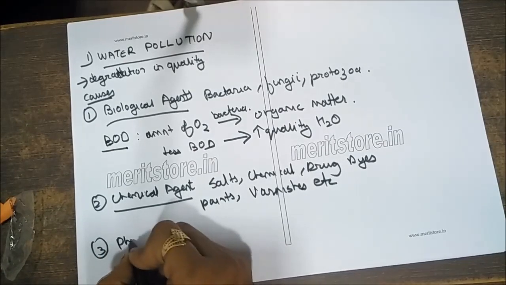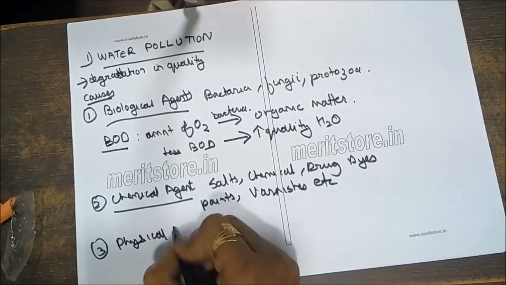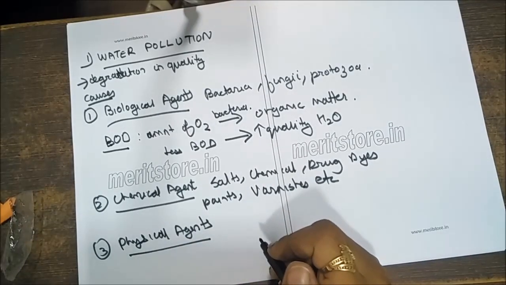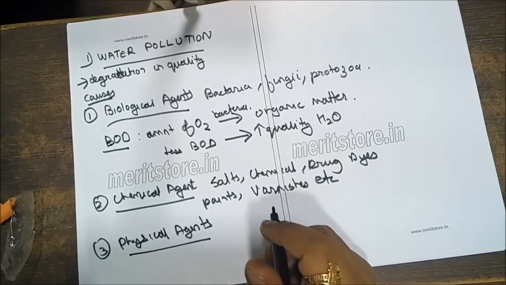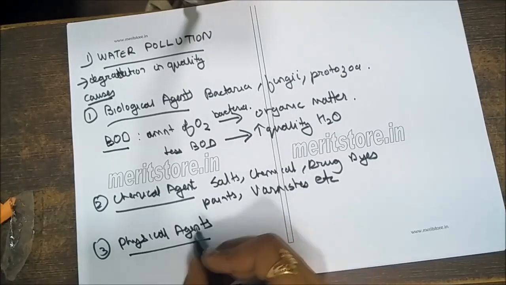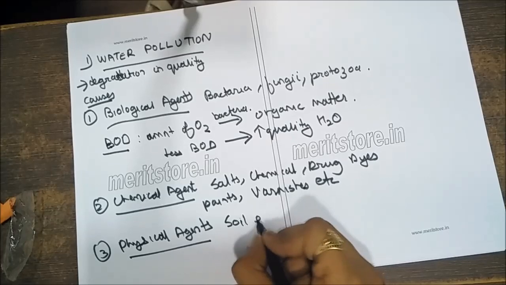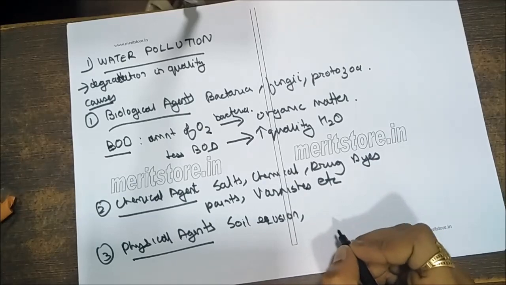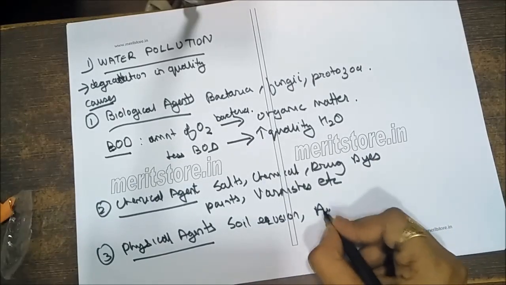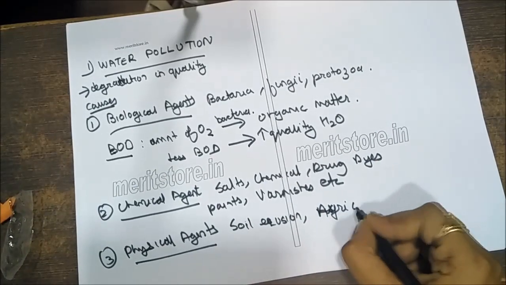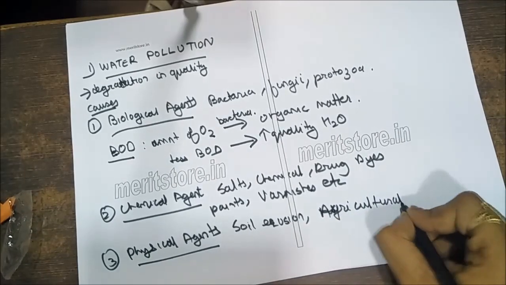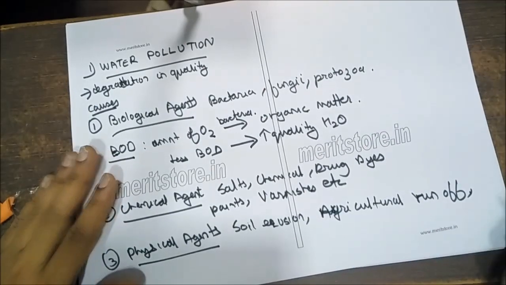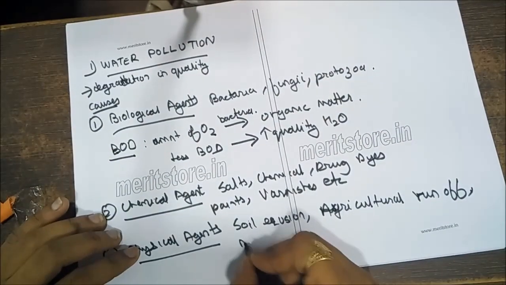The next is physical agents. These include suspended solid particulates and heat. The main sources are soil erosion, then runoffs from agriculture, so agricultural runoff, and even mining activities.